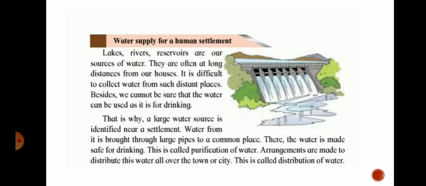So for the sake of the people and to take care of their hygiene and health, what the government has done is they have taken the water from the river or from the source to the water tank. Each area has its water tanks, and there with the help of pipes the water gets purified.